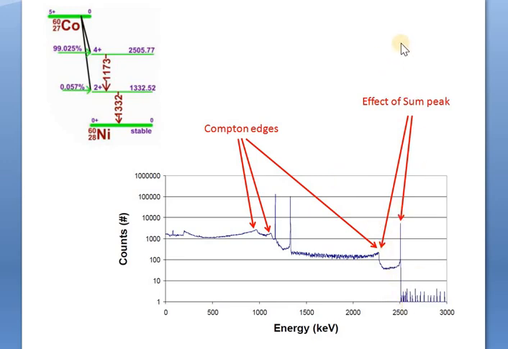In our lab, if we put the source very close to the detector and play with the gain of the amplifier, remember I talked to you about the gain, why I set it to a value of 2.0, so that I can observe the 1332 keV below the 10 volt mark. If I want to observe the sum peak, I can change the gain accordingly, and it is indeed possible to see the effect of the sum peak.